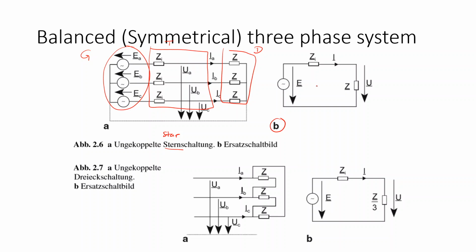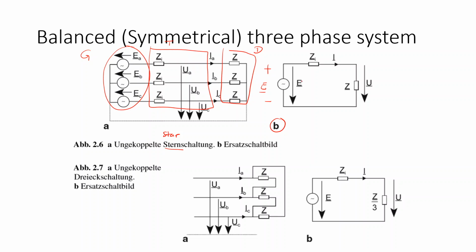This is from the German textbook, so you would find it a little bit different. When the German textbook writes the voltage drop like this, the arrow is pointing downwards. In an English textbook, it is written like this, this is E, something like this.